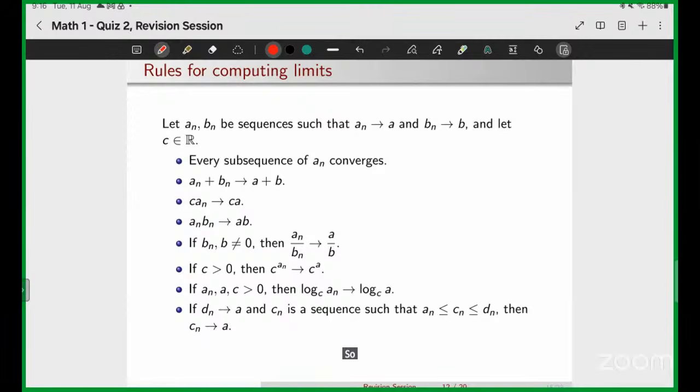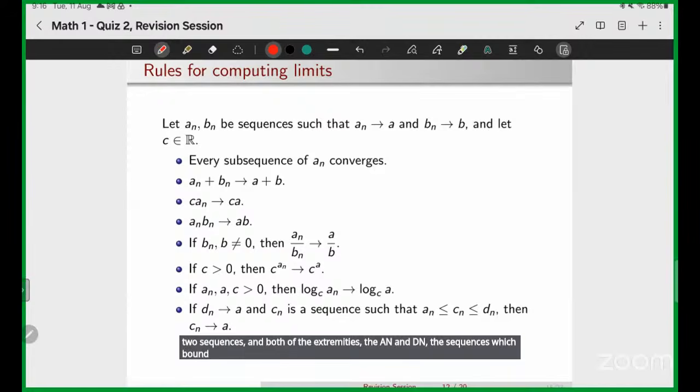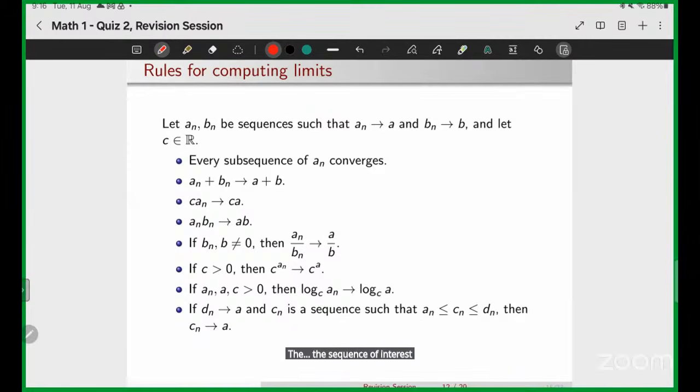The last one is probably very important. It says that if I have a sequence which is sandwiched between two sequences, and both of the extremities, an and dn, the sequences which bound the sequence of interest, are converging to the same limit, then the center sequence also converges to the same limit.